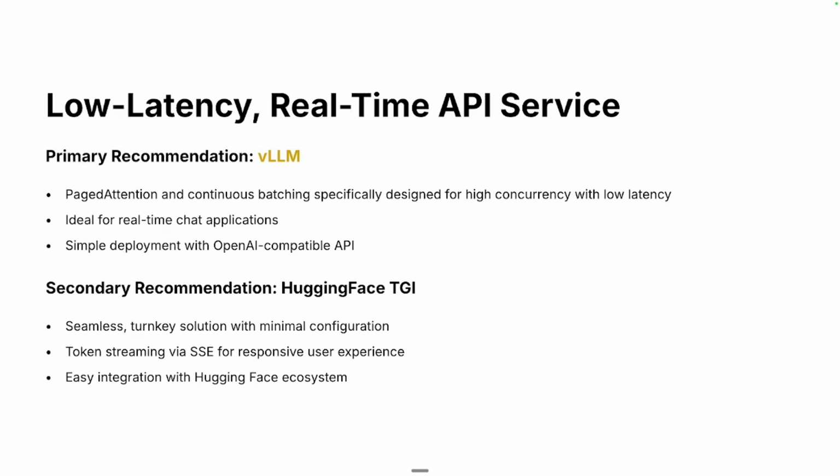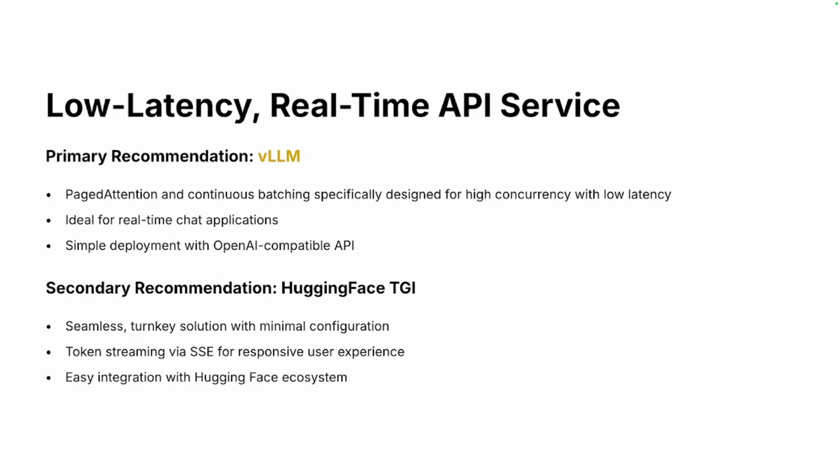Things like PagedAttention and continuous batching are built to handle high concurrency while maintaining minimal latency. On top of that, vLLM offers a simple deployment path, which means you can plug it into existing infrastructure very quickly. The second option would be Hugging Face TGI, which is also worth considering, and it's a turnkey solution that requires minimal configuration.